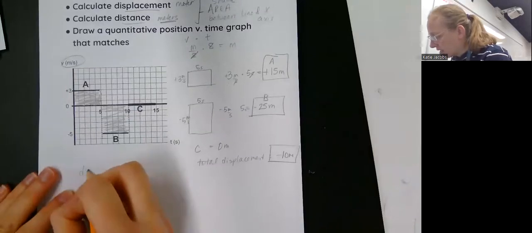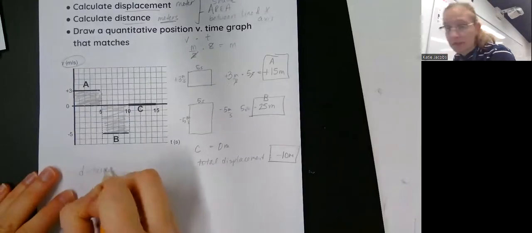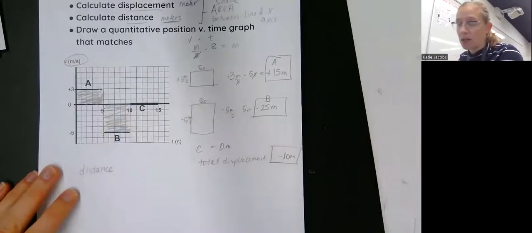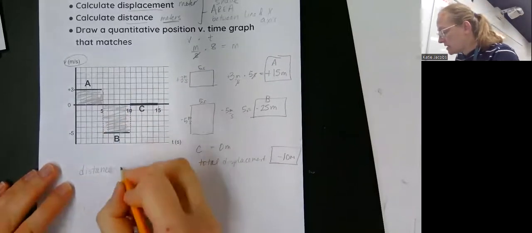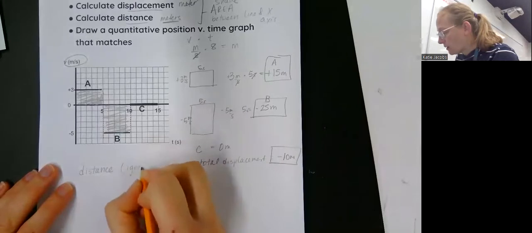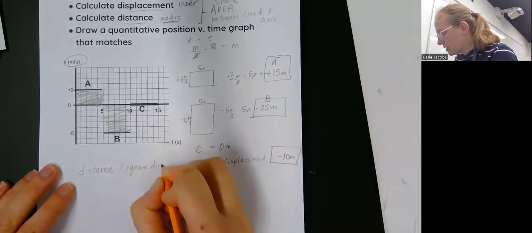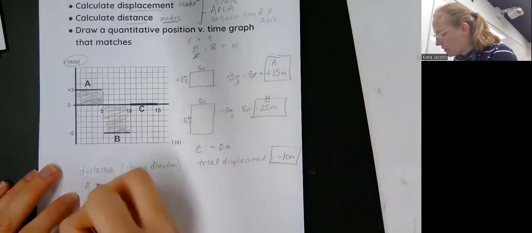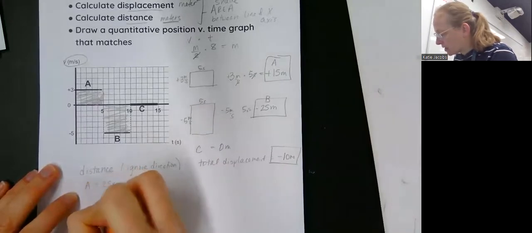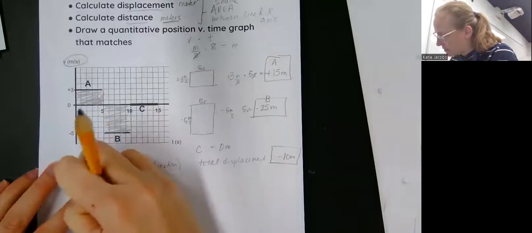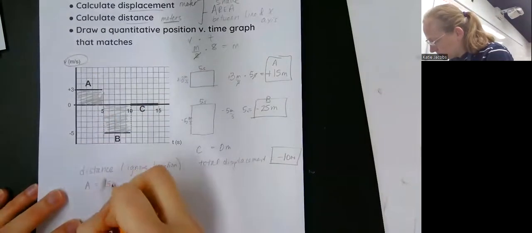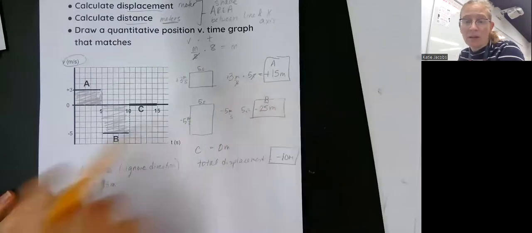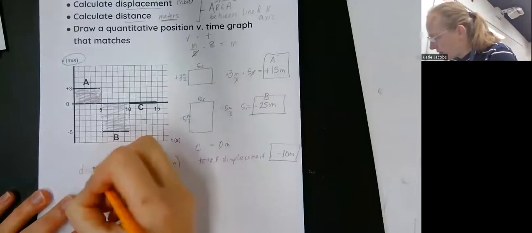What if I want distance instead of displacement? I'm still going to find the areas. The difference is I need to ignore the directions. Sorry, the distance for A is 15 meters. I don't need to show my work again for multiplying because I did it up here. I'm still finding the area.